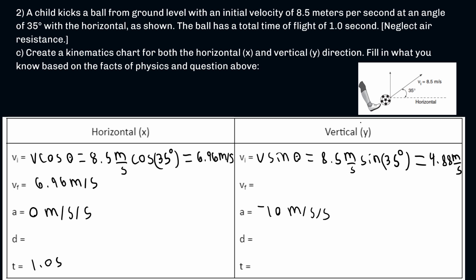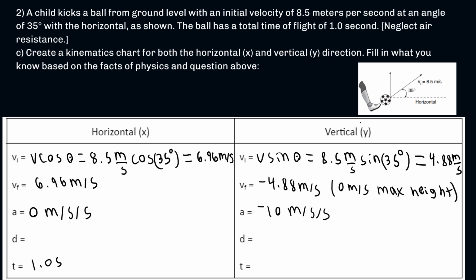Then my final velocity, for the entirety of the flight, is going to be the negative of my initial, so negative 4.88 meters per second. But at my maximum height, it's going to be 0. So I'm going to put in parentheses here 0 meters per second for max height, just because we might find that helpful later.